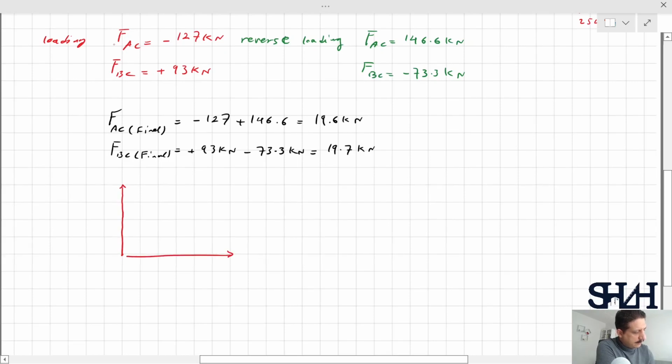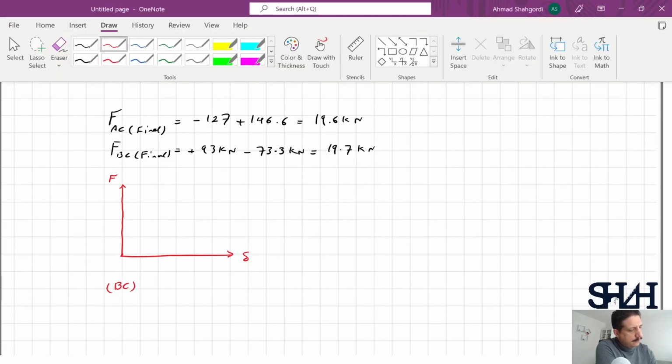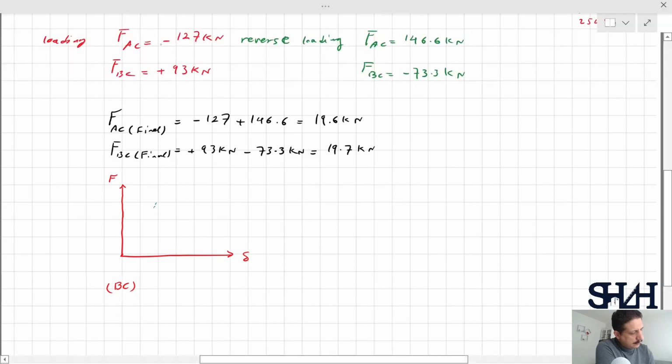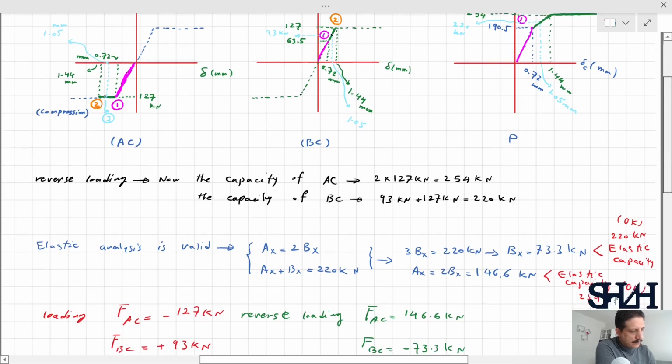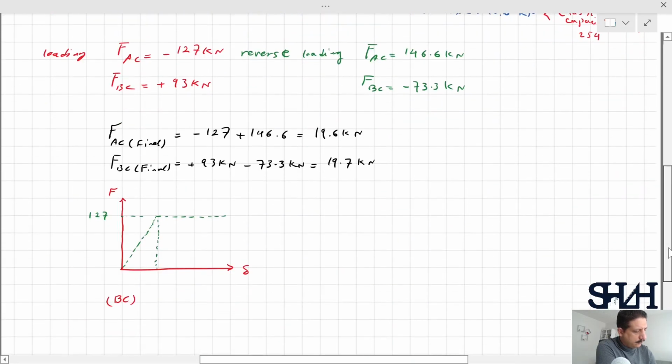If we look at the force and deformation of element BC, the maximum load was 127 kilonewton and the maximum deformation was 1.44 millimeter.